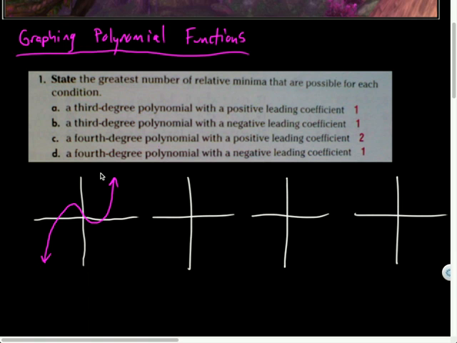To figure out the relative minima, there would be at most one local minimum point. Technically this goes down infinitely, but negative infinity is not a minimum value, since negative infinity is not technically a number. But it does have that one valley, so the answer is 1.